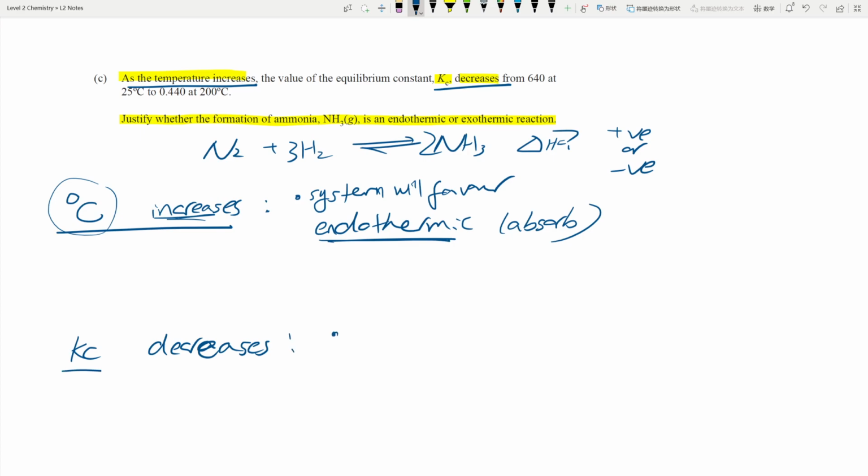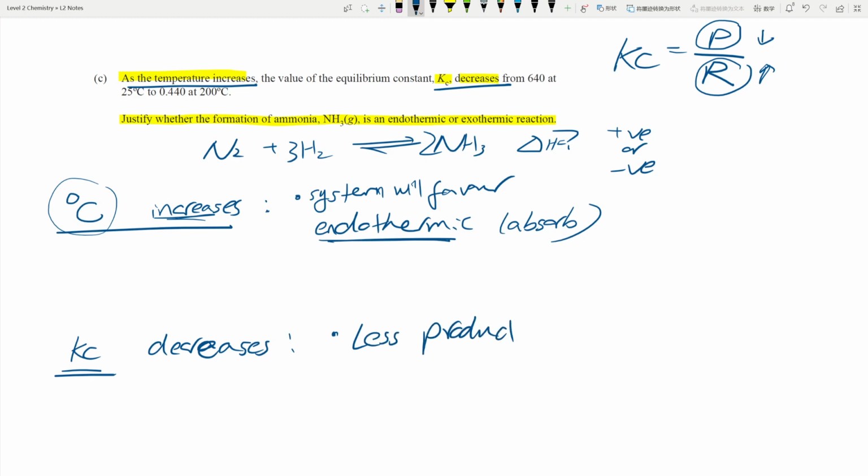Kc decreases. What does Kc represent again? Kc is a ratio of products divided by reactants. Kc decreases. The number has become smaller. That means the products must have decreased and the reactants must have increased. So a smaller number divided by a bigger number must have given me a smaller outcome. So that means we have less products, we have more reactants, because that's how it mathematically will work out.